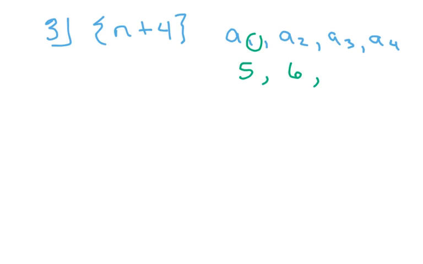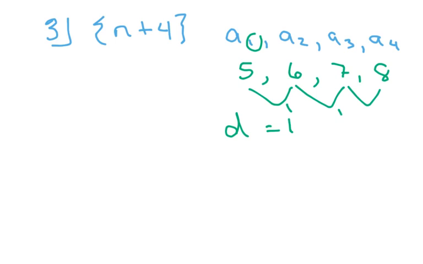Then we plug in 3 and get 7, and then we get 8. So the common difference D equals 1. Therefore, since it has a common difference, it is arithmetic.